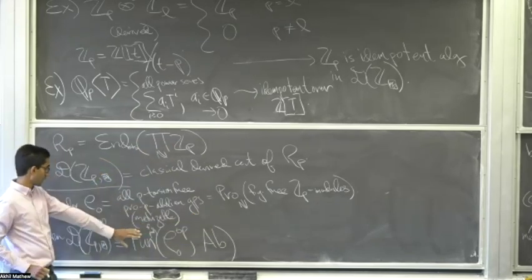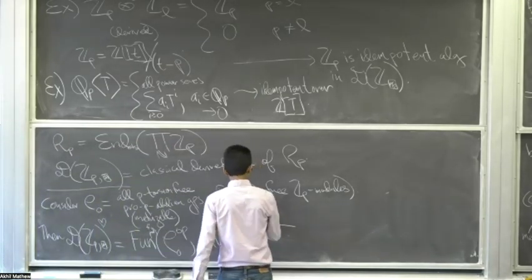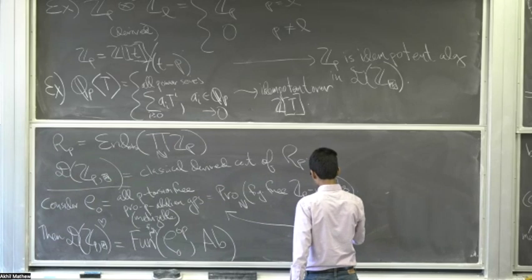But if you say it this way, then C0 itself is going to get a tensor structure.